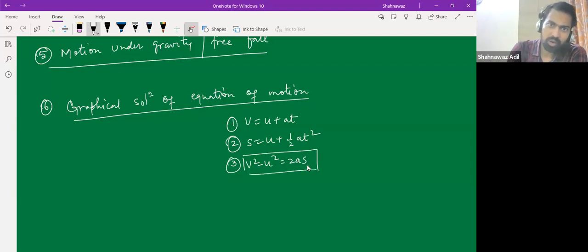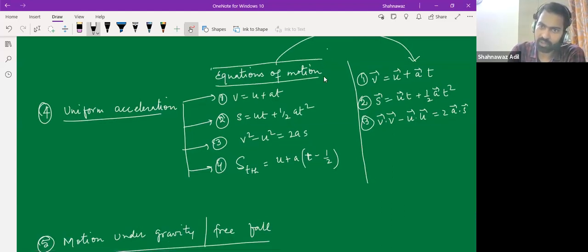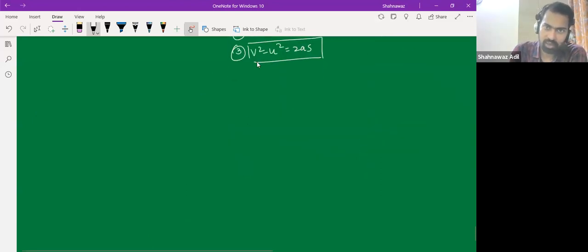Right. So these equations we solved from the calculus method. This we also did. Right. Now let us solve this third equation.